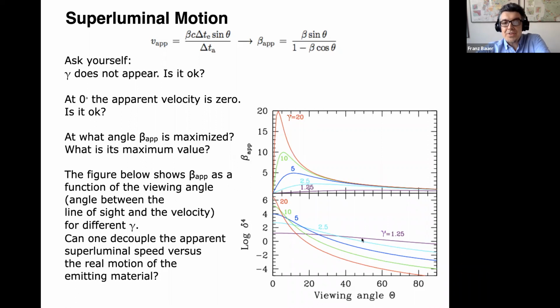This is a nice little figure to show you, as a function of gamma, where this maximum would be. For gamma equals 10, this maximum occurs at about 5 or 6 degrees off of our line of sight. For a lower gamma of 2.5, the maximum occurs at something like 25 degrees, and so forth.